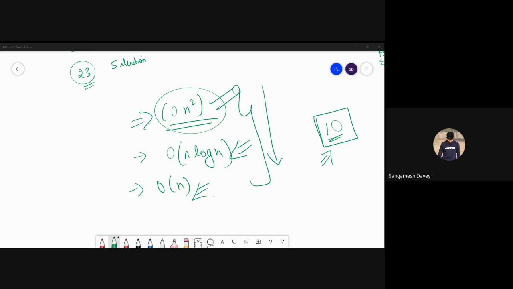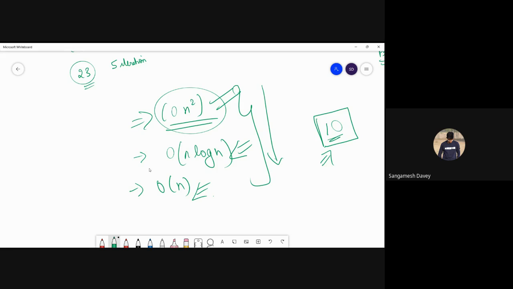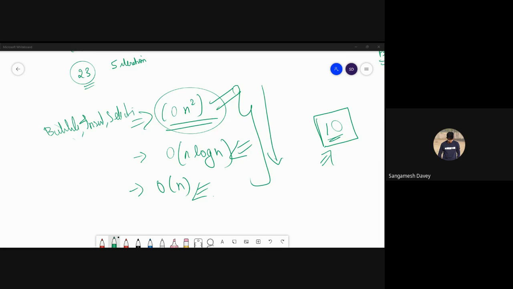Insertion sort. So bubble sort, selection sort, and insertion sort work on O of n square. Can someone tell me what works on O of n log n?